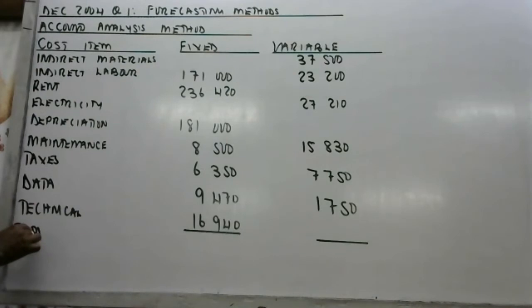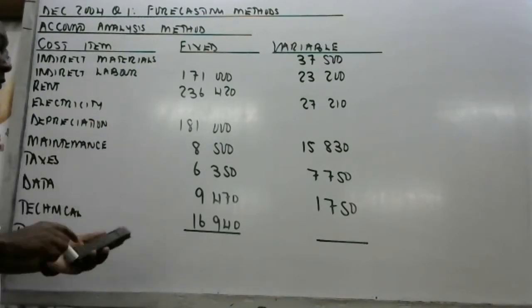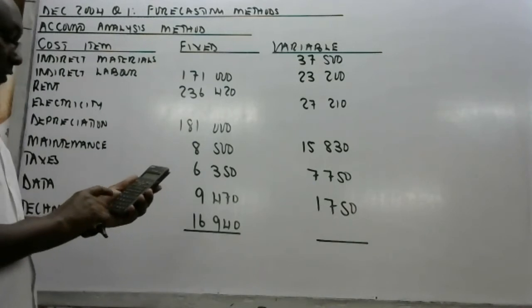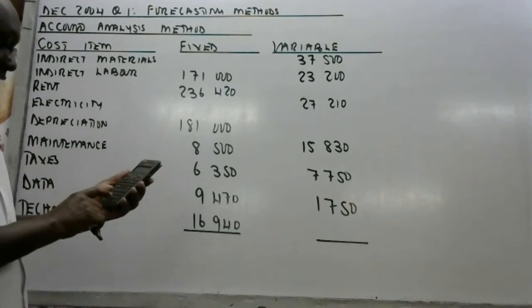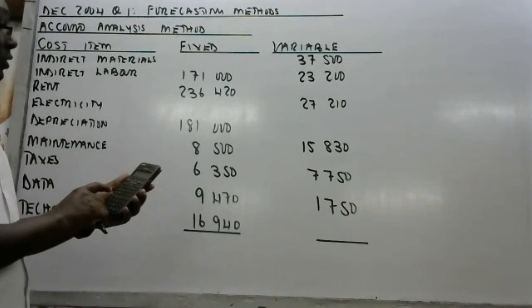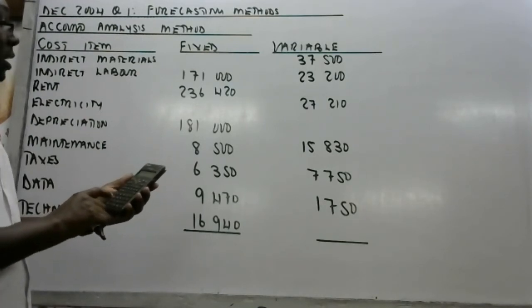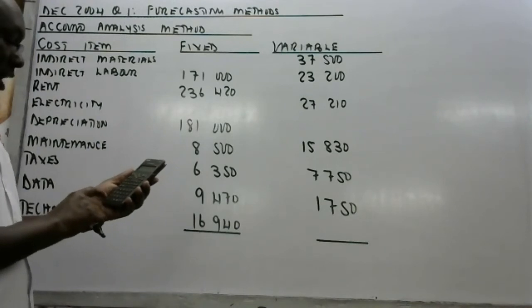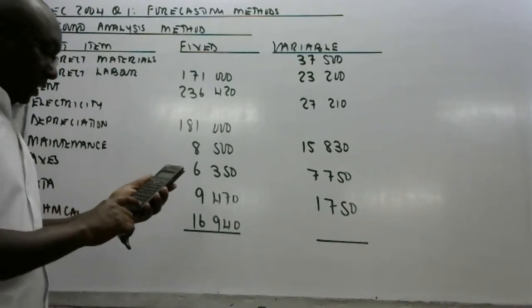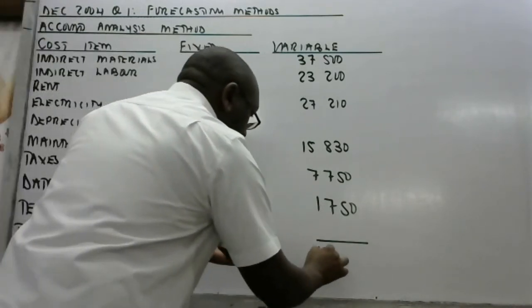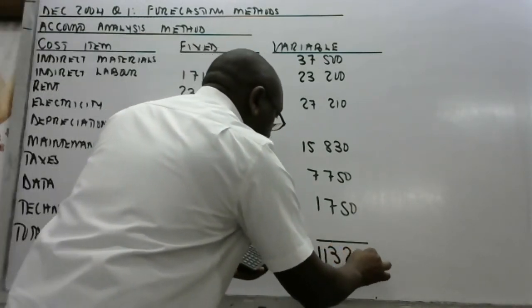Total: 77, 50 plus 15, 830 plus 27, 210 plus 23, 200 plus 37, 500. So here I'm getting 113,240.